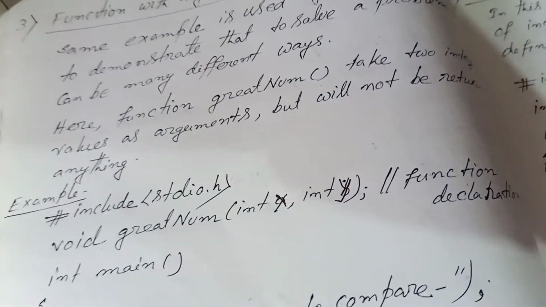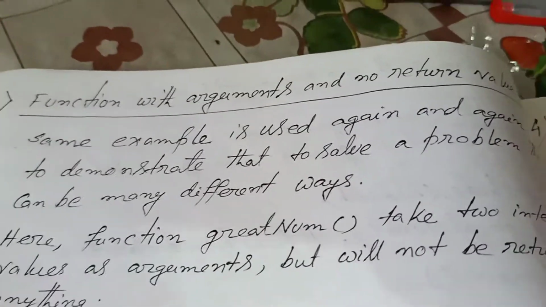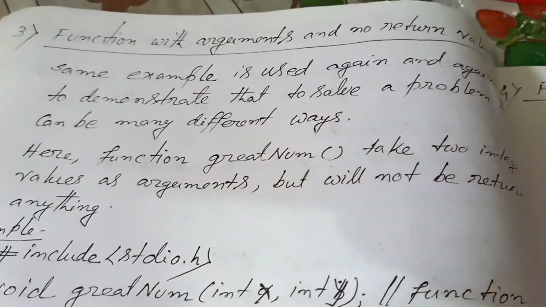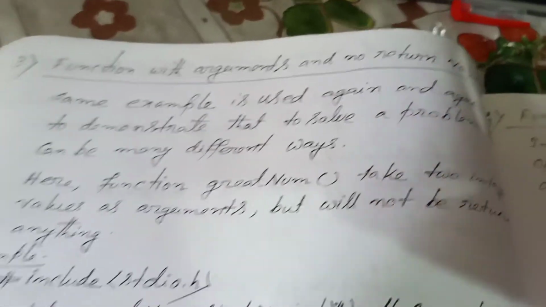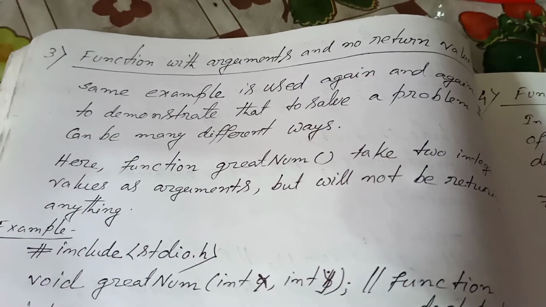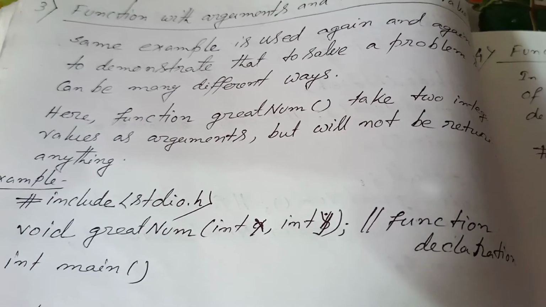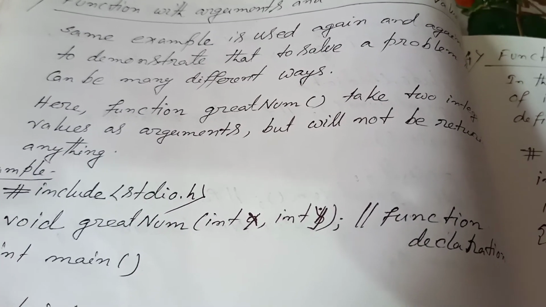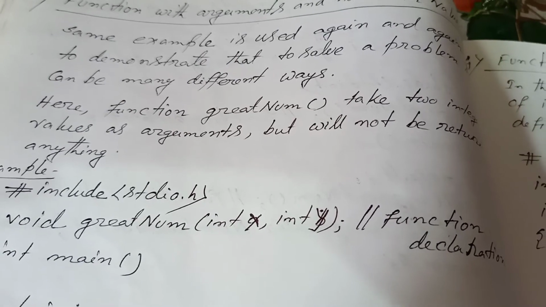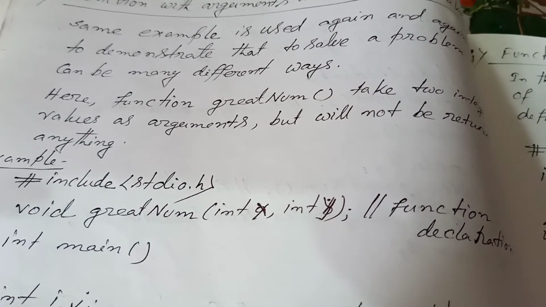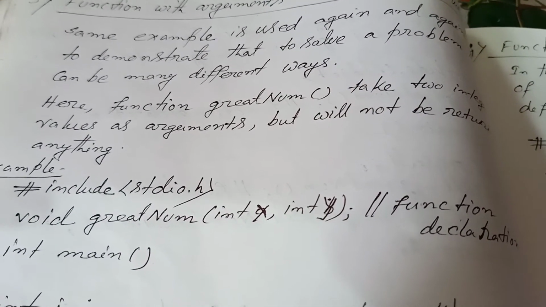And the third type is function with arguments but no return value. We are using the same example again and again to demonstrate that a problem can be solved in many different ways.